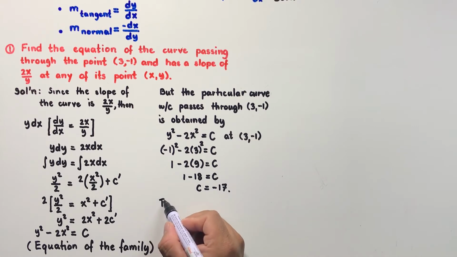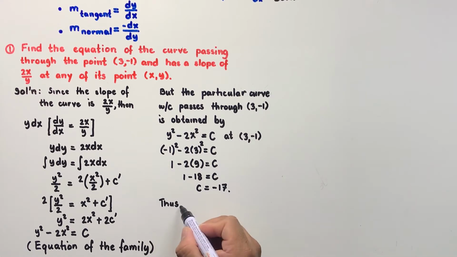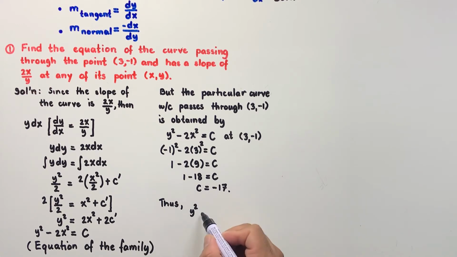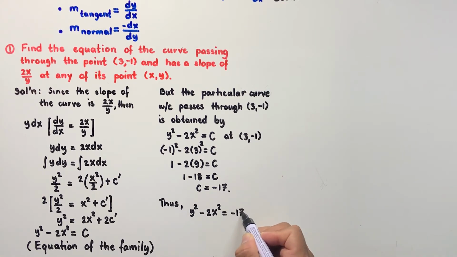Thus, our particular curve is y squared minus 2x squared equals c, which is -17.